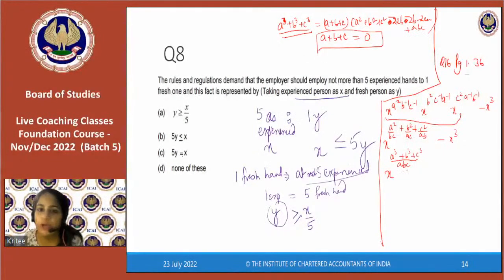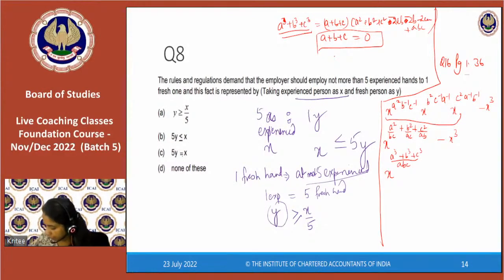Just give me 1 second, I'll confirm this. Where would I see the formula? So this was the algebraic formula, a cube plus b cube plus c cube, I remember.